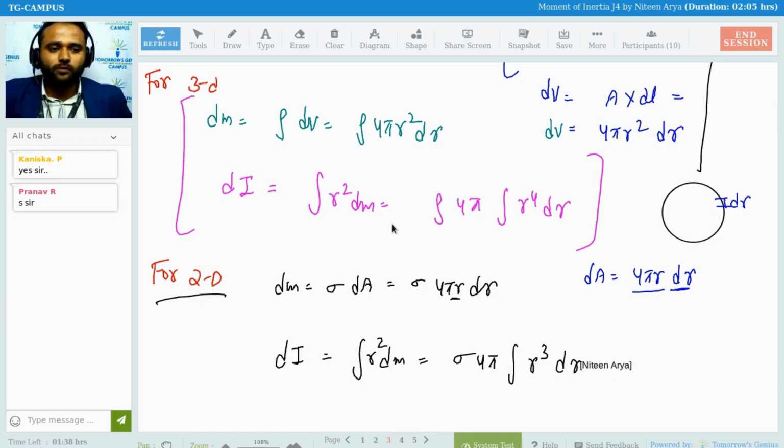Again the integration is going to behave on this third power. Noted? So that is how it can be changed. Clear everyone?